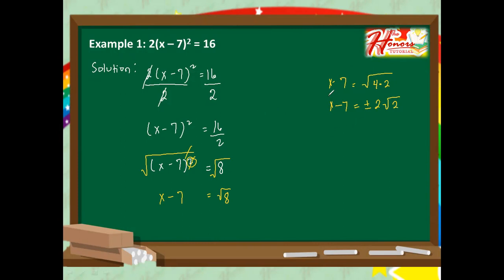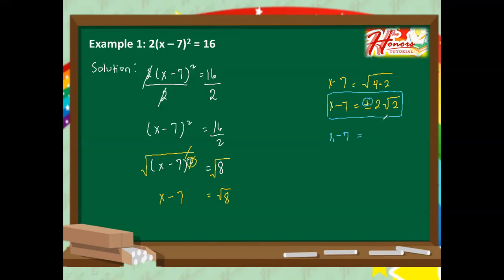So let's solve for x sub 1 using this equation. So x sub 1 minus 7 equals, let's use positive first.